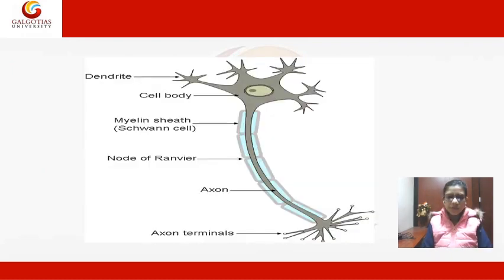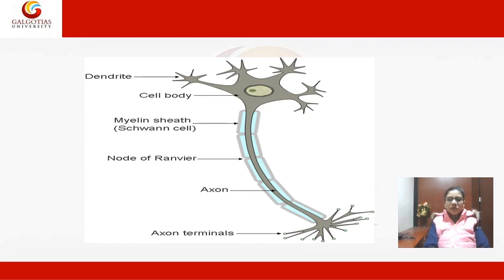So this is the structure of a neuron. You can see the projecting parts at the top. They are known as dendrites. Next, if you come down, you will see the cell body. Then there is a myelin sheath. Just follow my cursor here. This is the covering of the neuron. This is a myelin sheath because we are learning about neurons in the peripheral nervous system particularly.